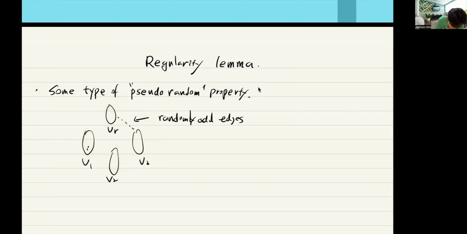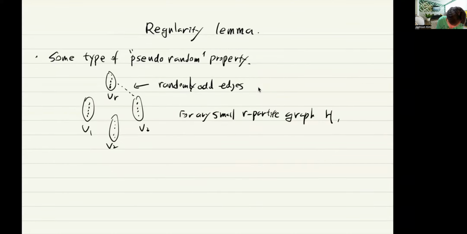And if the number of vertices is large enough, then you can check that for any small R-partite graph, say H, the H is in this random graph G with high probability.